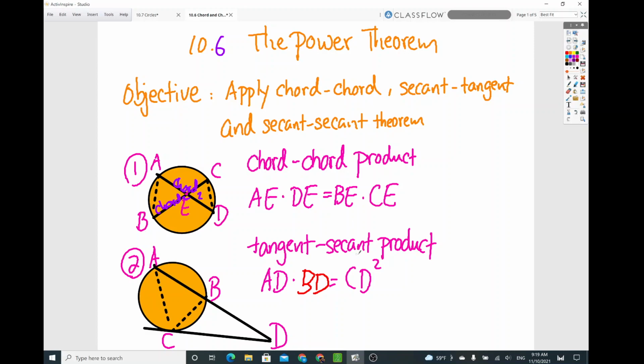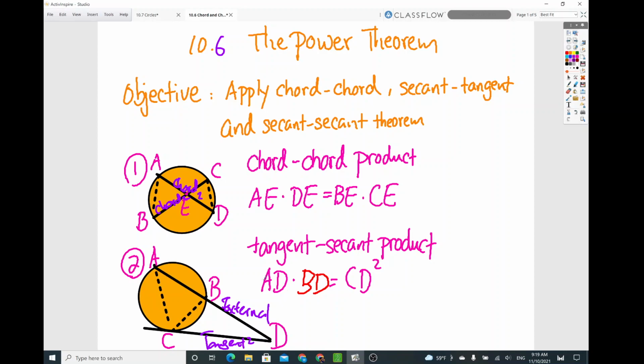What about the tangent-secant product? As you can see here, DC is the tangent segment, and AD is the secant segment. The product of AD, the secant segment, times BD, the external segment, equals CD squared, the tangent squared.